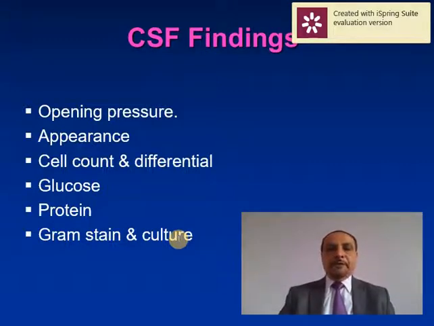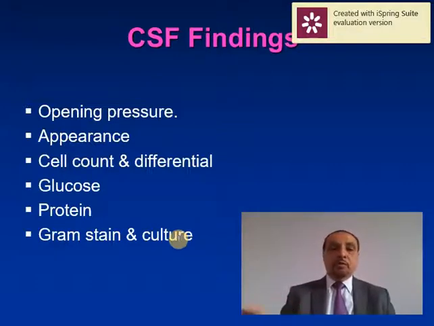The CSF findings are important. Once you put the needle in and the CSF comes out, if the pressure is high, gushing, this goes with bacterial infection. You will look at the appearance, if it is hazy or turbid, not clear.